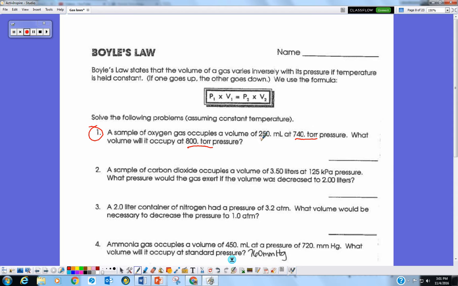So let's go ahead and pull out our givens. So we have 250 milliliters, so we're going to call that V1, 250 milliliters. And then we also have our pressure 1, which is 740 torr.